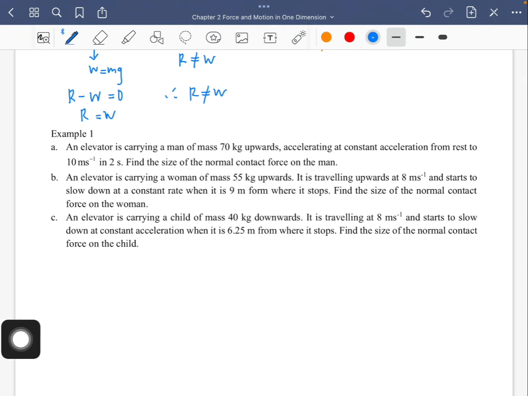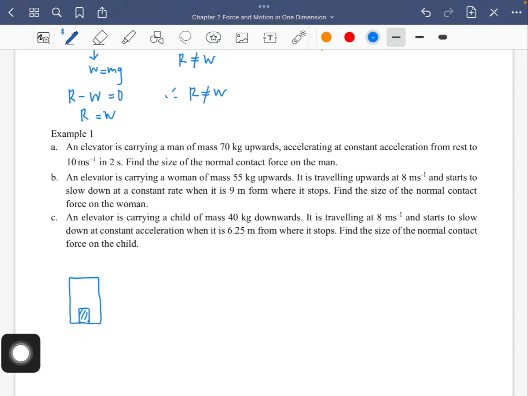Okay, so let's illustrate the problem here. We have an elevator like this, represented by a larger box over here, and then we have a small box representing the man, standing in the elevator. Basically the man is on the floor of the elevator.